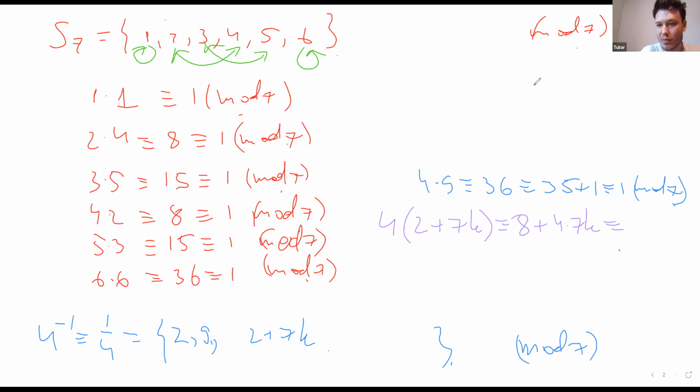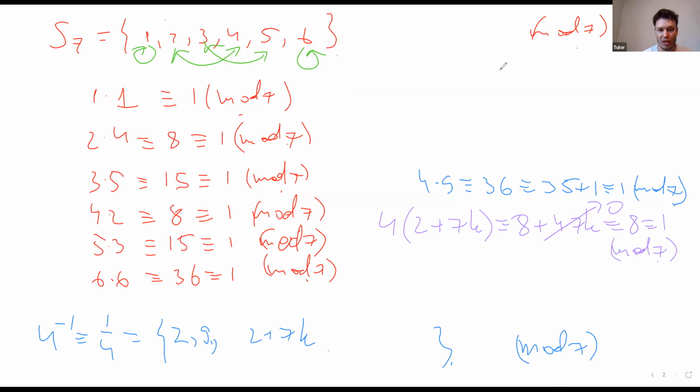Well, this part is just congruent with 0. So this is going to be just congruent with 8, which is congruent with 1 mod 7, right? So mod 7. So what do we see is that actually 4 inverse, or 1 over 4, this is actually a set. It can be any of these numbers that are modular inverses mod 7.